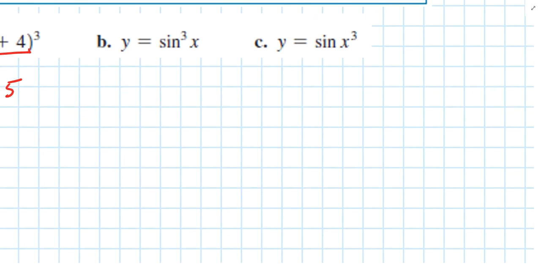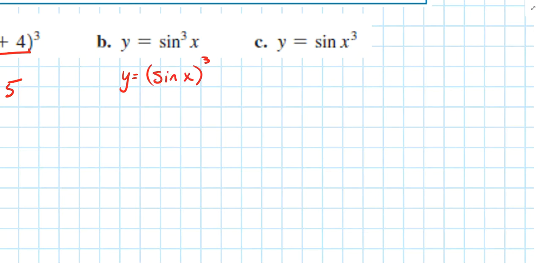For part B, we have the function y equals sine cubed of x, and if you recall, with trigonometric functions, sine cubed literally means sine of x, that function raised to the 3rd power. So here again, our outer function would be perceived as something cubed.